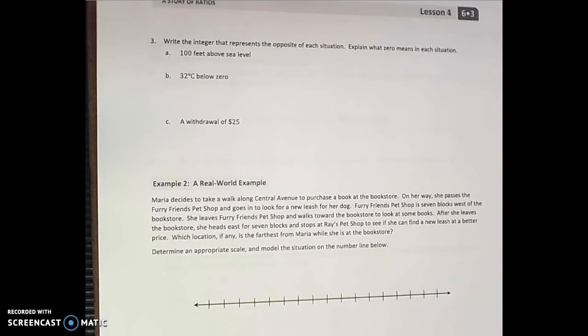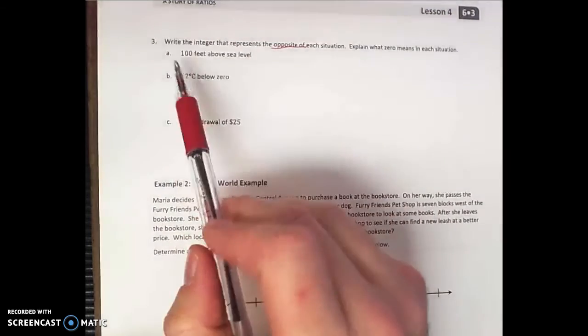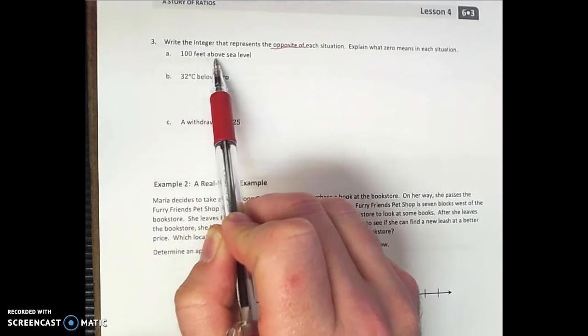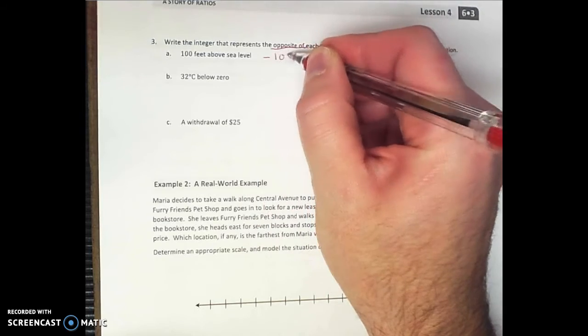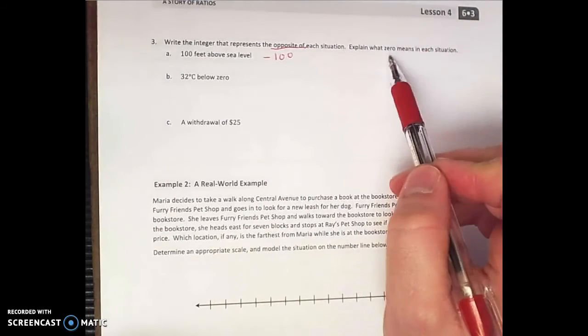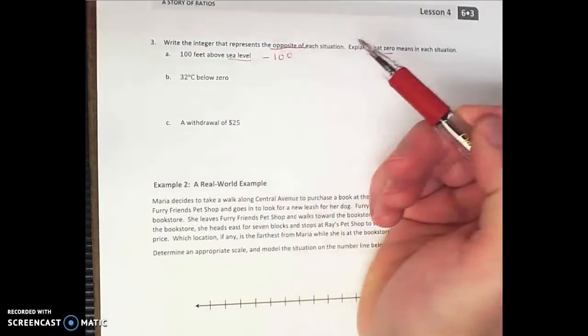So we need the opposite of that. If we're 100 feet above sea level, the opposite of that would be 100 feet below sea level. In that case, negative 100 would be the opposite. Now, in this situation, 0 is representing sea level.